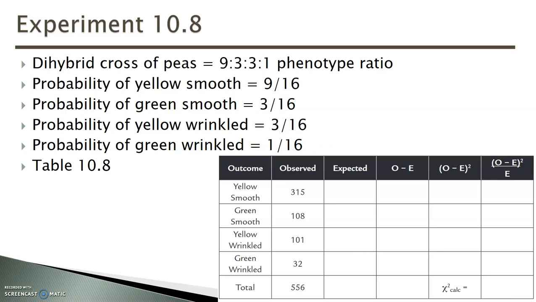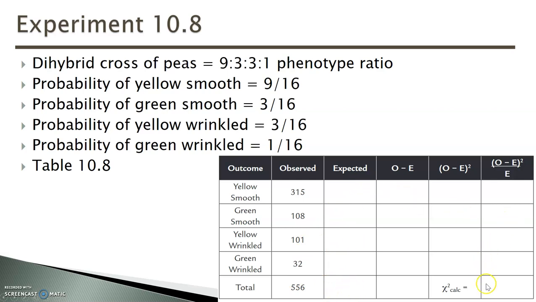The green smooth will be 3/16 of your total. Yellow will also be 3/16, and then green and wrinkled will be 1/16 of your total of 556 of our plants. You should be able to add that up, and that will also give you 556. Those should be equal.